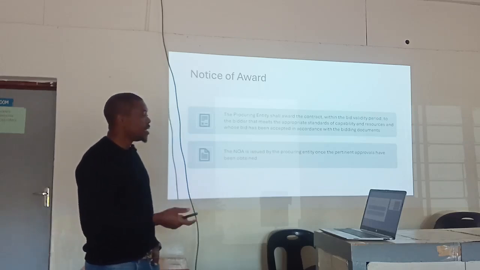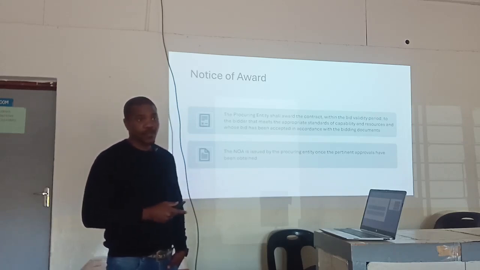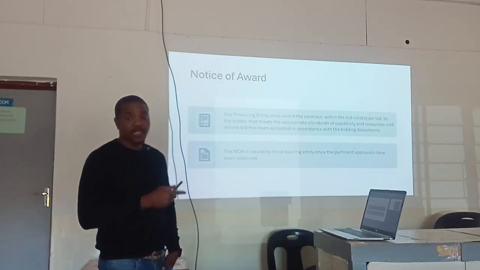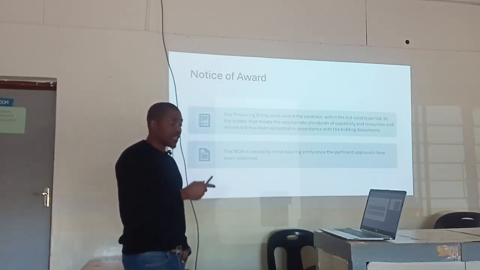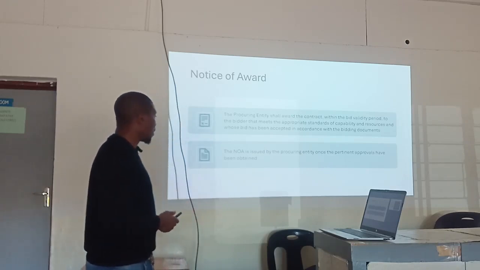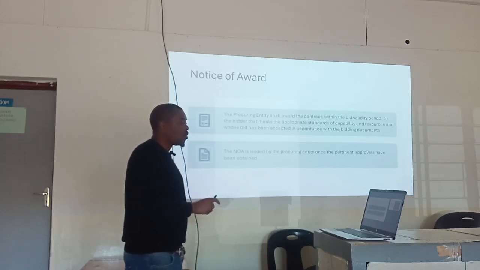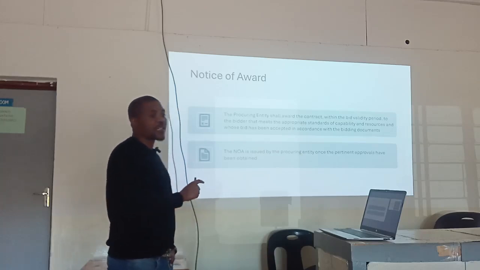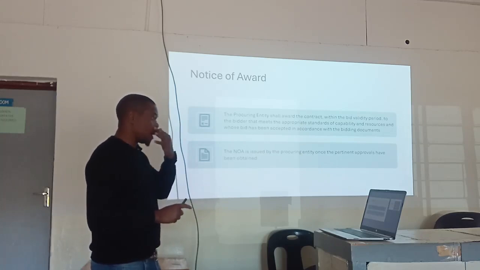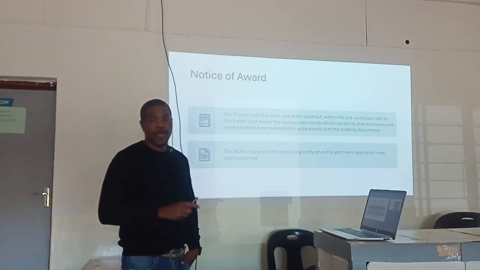So it means they have passed all the three stages of the evaluation: preliminary, detailed technical evaluation, and then financial evaluation. So this means that all pertinent issues that were supposed to be covered have been covered and all approvals have been approved.